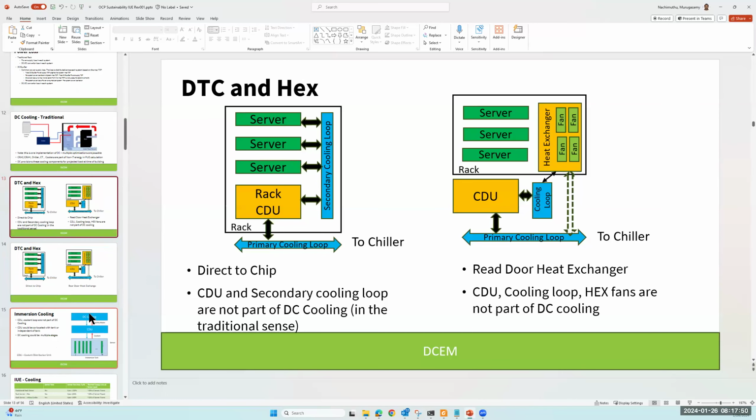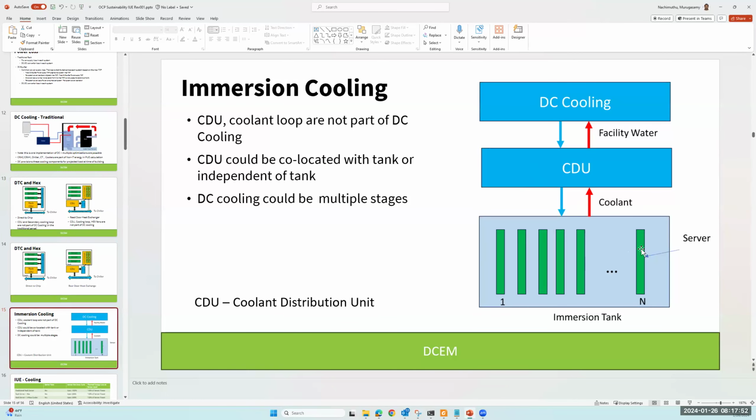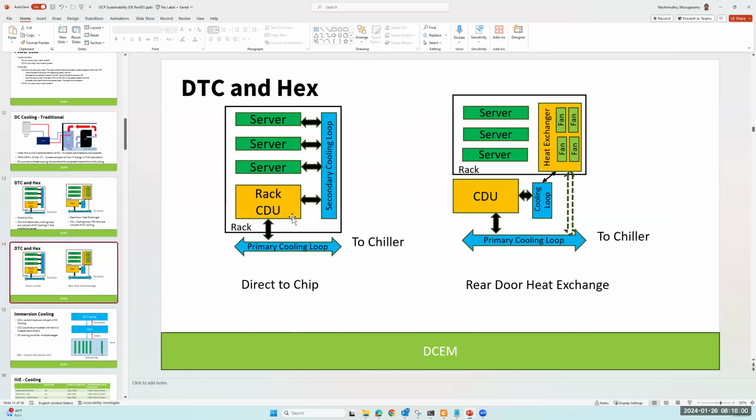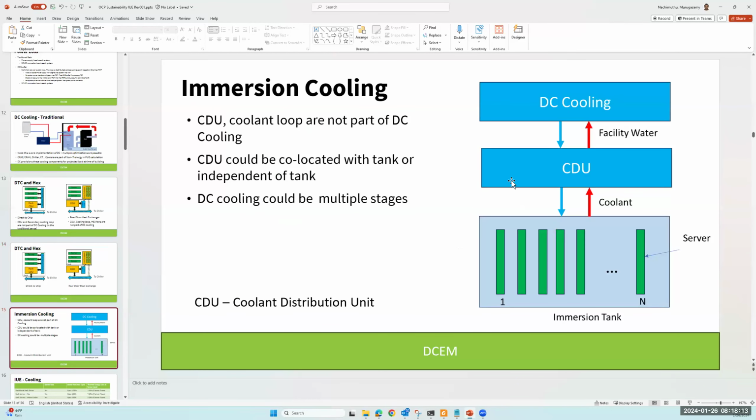Even in this one, if I go with an immersion tank, there's a CDU that goes there. So in both cases there's a CDU. How do you want to account for it? Can this CDU be shared across racks, or only a per-rack CDU?